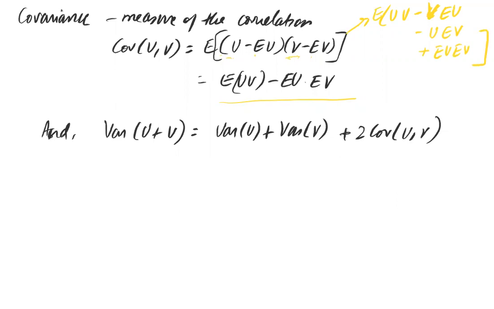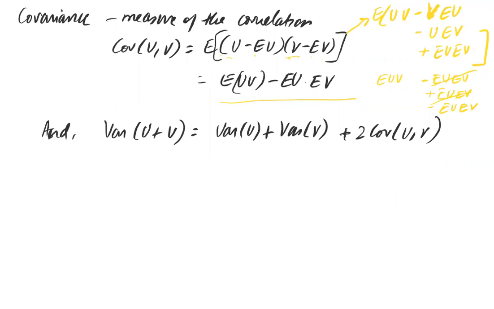Okay, so now open this up. You'll have E of UV minus EU EV minus EU EV plus EU EV, and these cancel out, and you have E of UV minus EU EV. So that's the covariance. I just derived that for you. That's how you write the covariance.